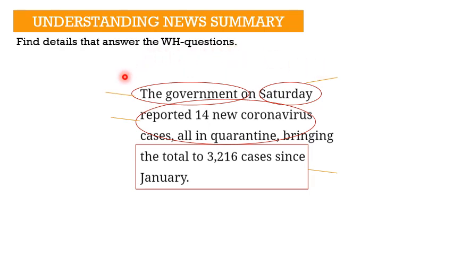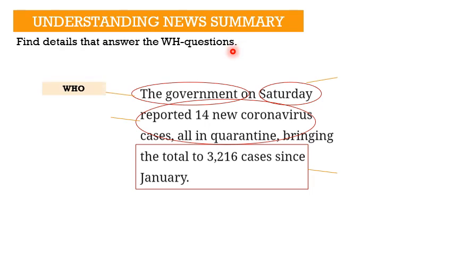Now, look at this news item. The government on Saturday reported 14 new coronavirus cases, all in quarantine, bringing the total to 3,216 cases since January. It's the news summary of the first news item that I showed you. Now, what WH questions does it answer?